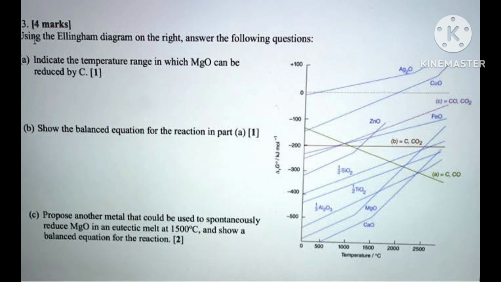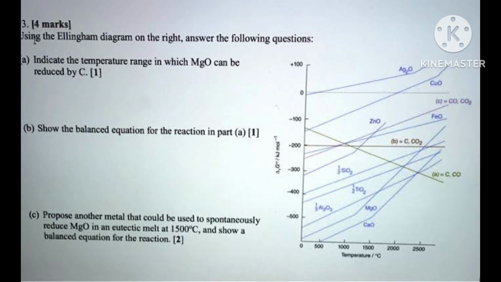When this reaction takes place, that time the delta G value will be 0. Okay, this is an important thing. The standard delta G becomes 0 for this reaction, 2/3 Al2O3 plus 2Mg becomes 2MgO plus 4/3 Al. For this reaction, delta G becomes 0. Then in the graph you can see that point in the diagram.